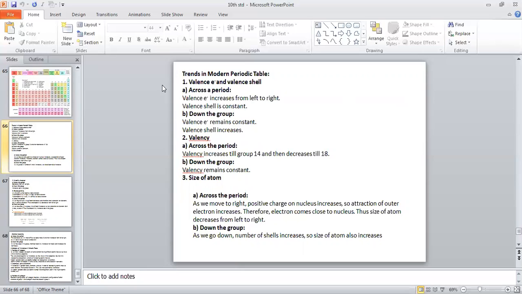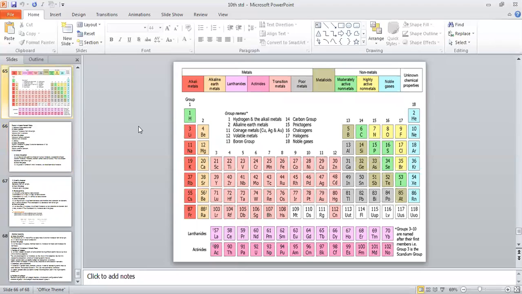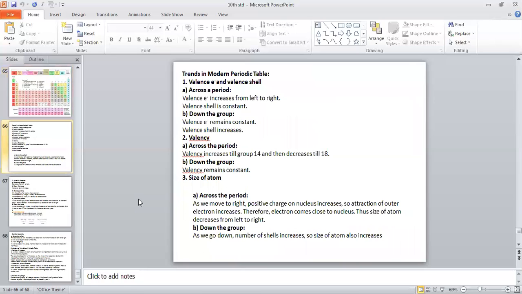Then down the group, the valence electrons remain the same, meaning group 1 elements have valency 1, group 2 elements have valency 2, like this group 18 elements have valency 0, and group 17 elements have valency 1, that is a -1 valency. So the valence electron count remains constant in a group and increases in the period.